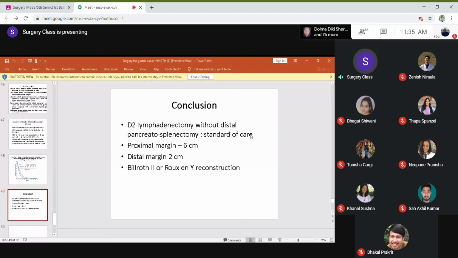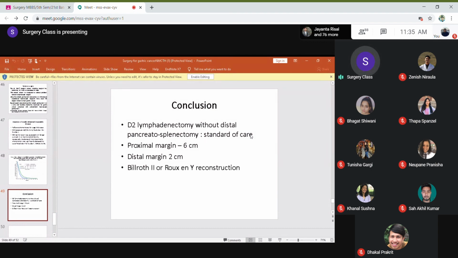And remember D1 means perigastric nodes within 3 centimeter. D2 is along the named vessels. We are going to remove stations 7, 8, 9, 10, 11, up to 12. And then do a reconstruction, whether it is Billroth 2 or Roux-en-Y.